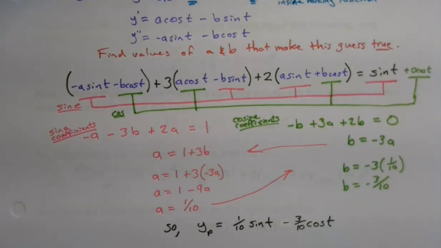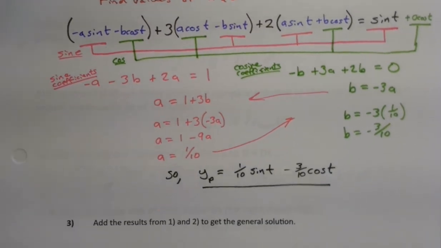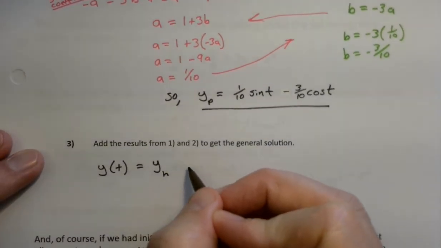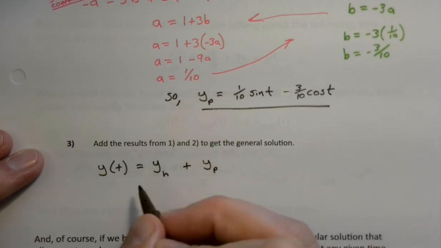So after all is said and done, I now have my particular solution. I have my homogeneous solution from the previous page, and so I can add those two together and get my general solution. So very similar to what we did in the last section here. I can find out that y of t is equal to my homogeneous solution plus this particular solution that I found.